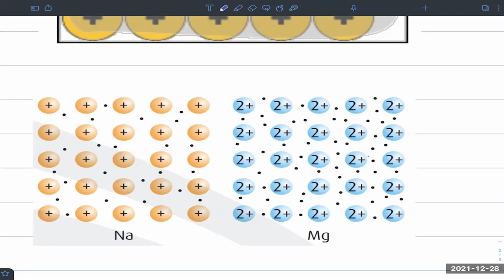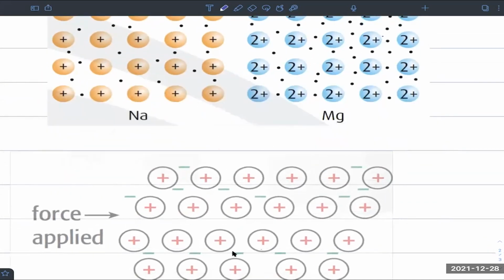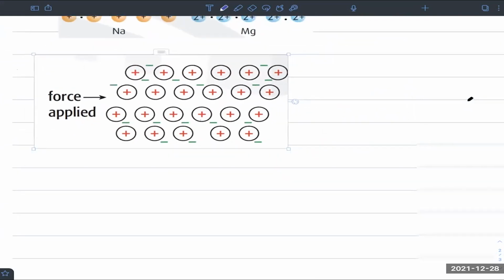Now, again, if I apply force on one of these lattices, so let's say I have a lattice and apply a force on it, what will happen? Exactly what happens in the other lattice that I saw. Because right now they're randomly arranged, but if I were to push them, one cation is going to come exactly opposite to the other cation.